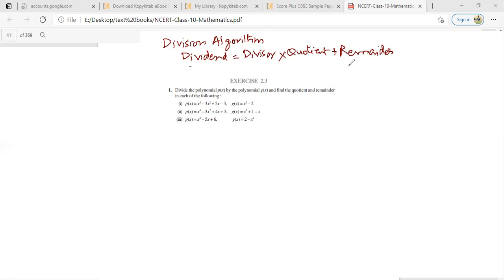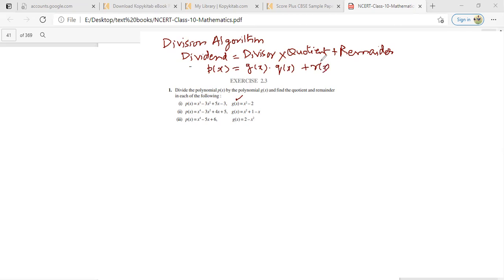Okay. So generally we are writing the dividend as Px. Px is the dividend, divided by Gx. You can see this Gx dividing Px. So Px is divided by Gx, then we are getting the quotient, denoted by Qx, plus the remainder Rx.